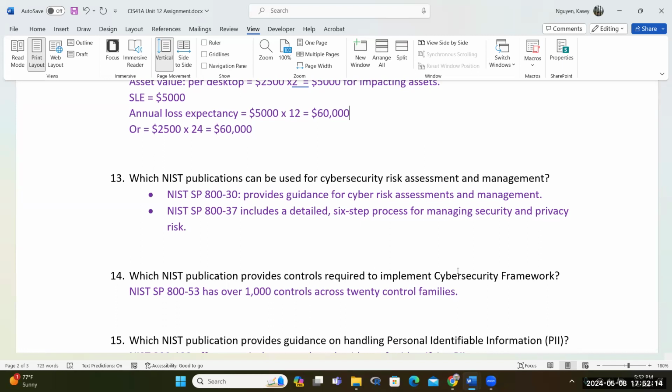It's grouped into what they call families, but they're just categories of control. Some of them are logical control, some are physical control, some are administrative control, right? We talked about defense in depth. We have to have overlapping controls in many different areas. So this is where you would go to find your control information to build out your framework.